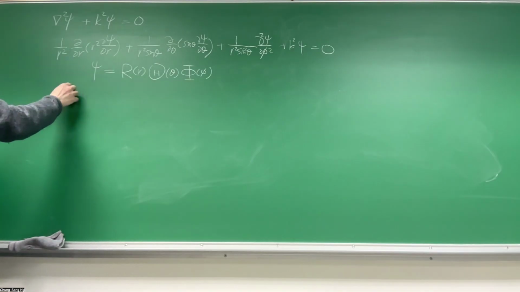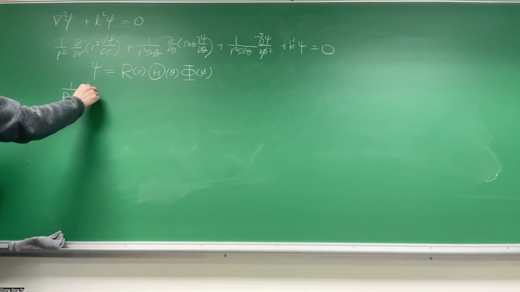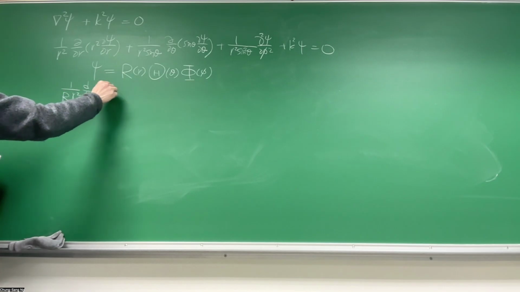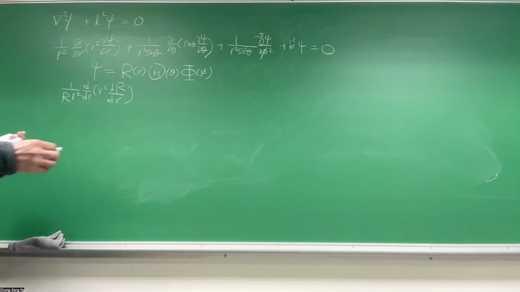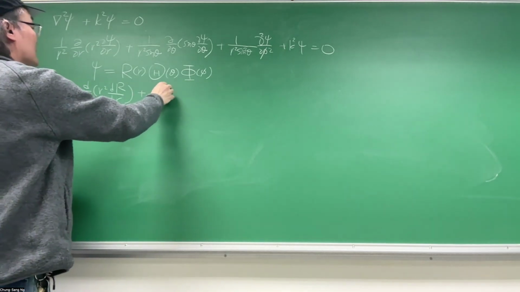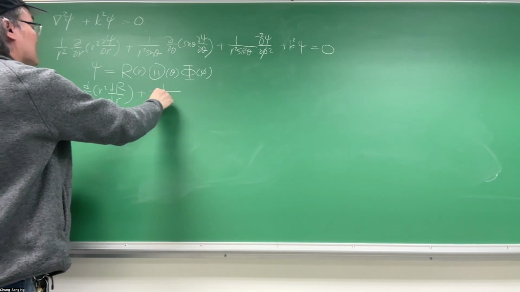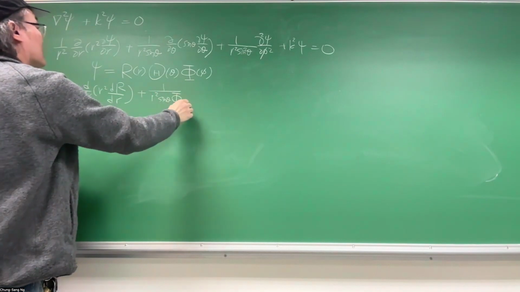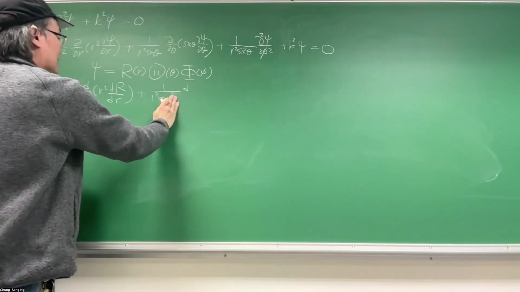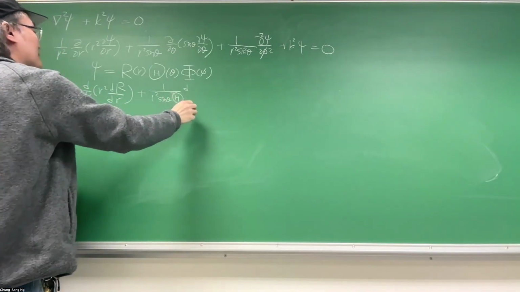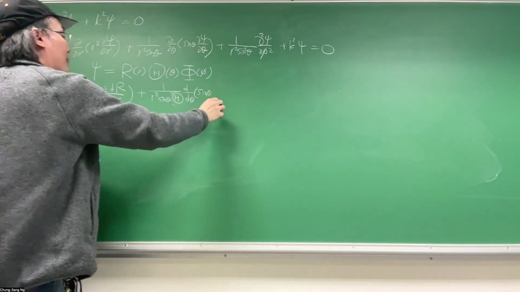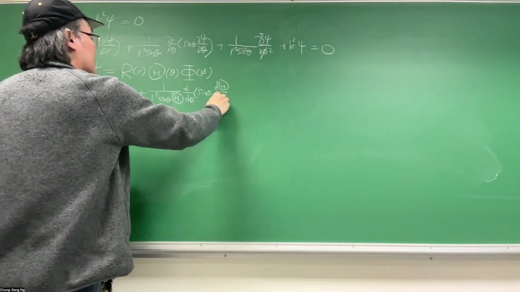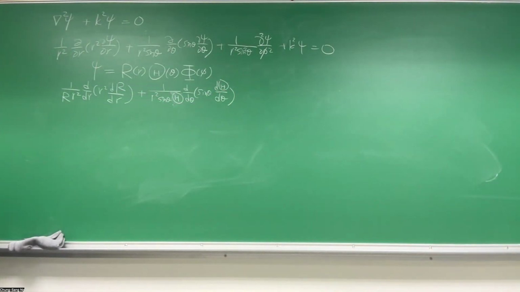Then the first term gives you 1 over R, 1 over r squared, d dr of r squared dR dr. The second one gives you 1 over Theta, 1 over r squared sine theta, d d theta of sine theta d Theta d theta.